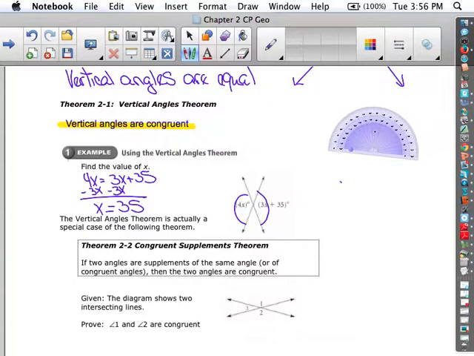The next one is a proof. And part of it is on this page, part of it's on the next page, so I'll just draw the picture on the next page. It says if two angles are supplements of the same angle or of congruent angles, then the two angles are congruent. And this, we're actually going to write a proof that proves the congruent supplements theorem.